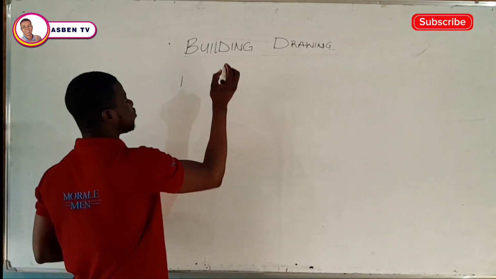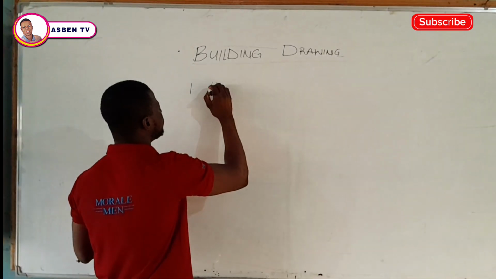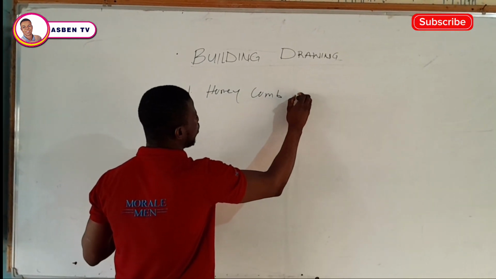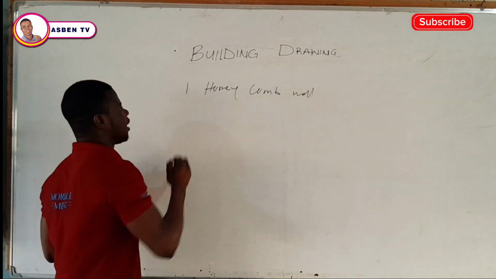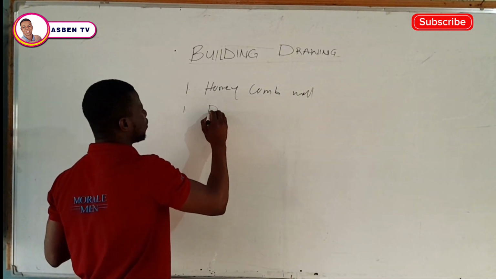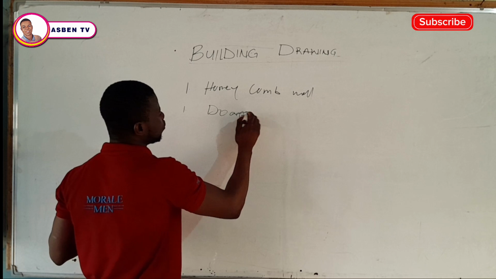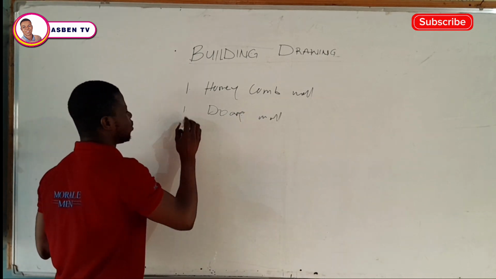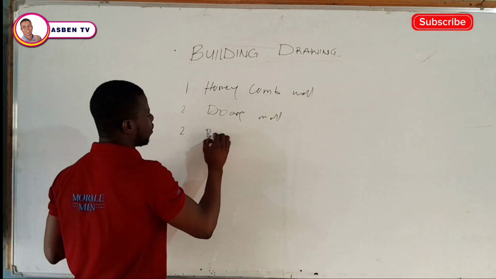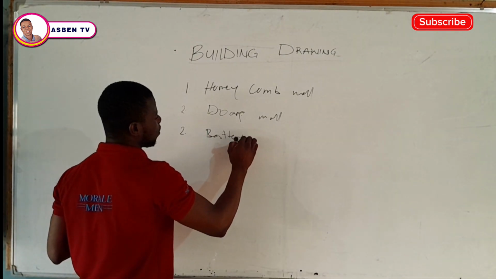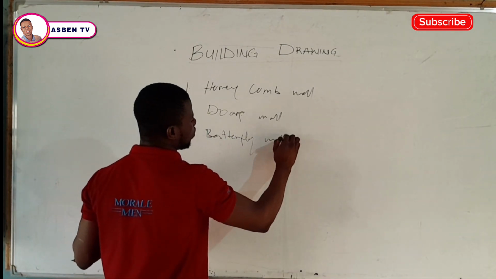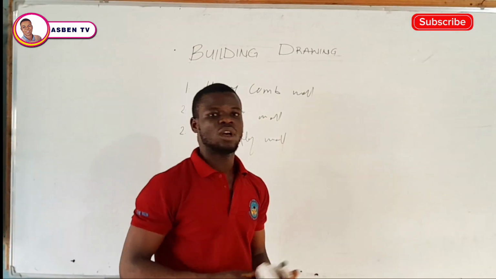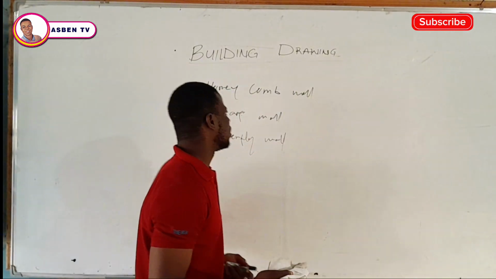We have the honeycomb wall, the dwarf wall, the butterfly wall, and a lot more. It depends on the question they will give you when you are drawing the building. So there are a lot.